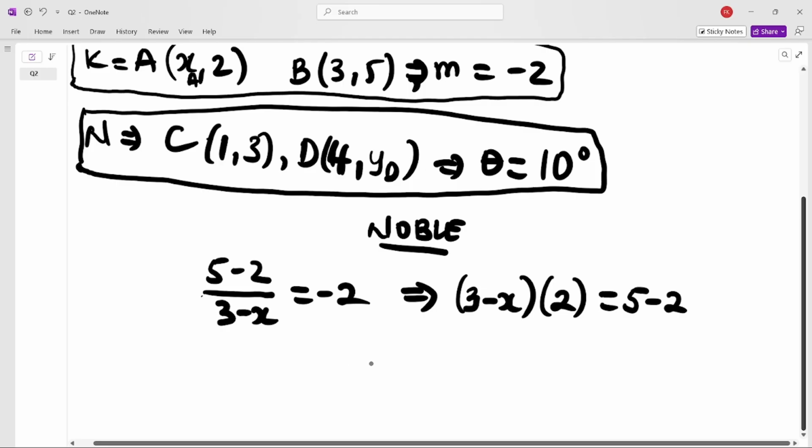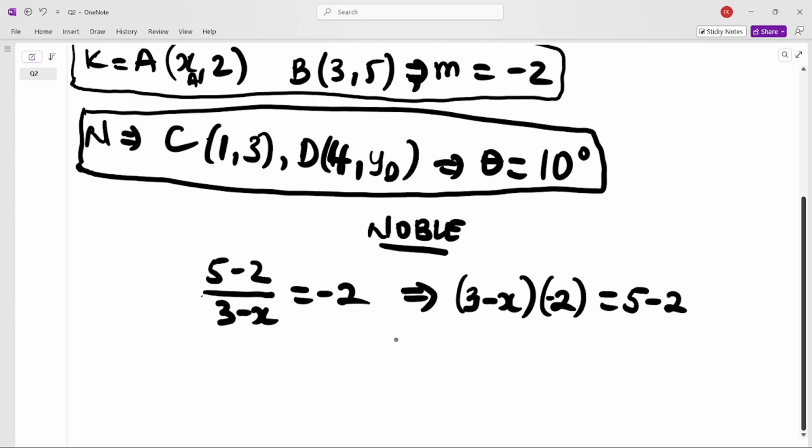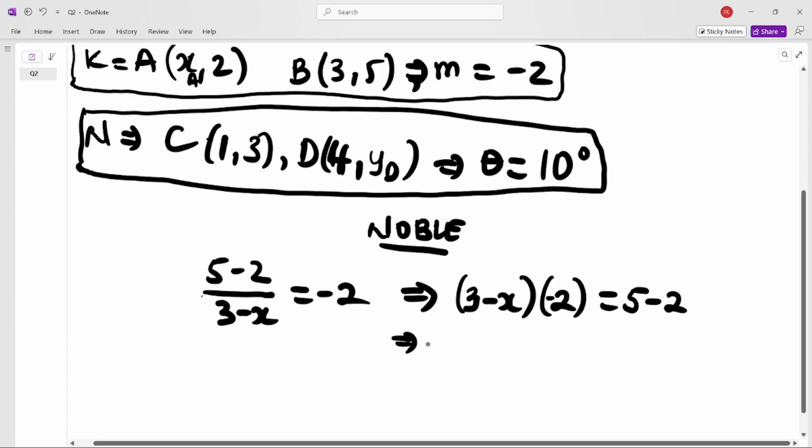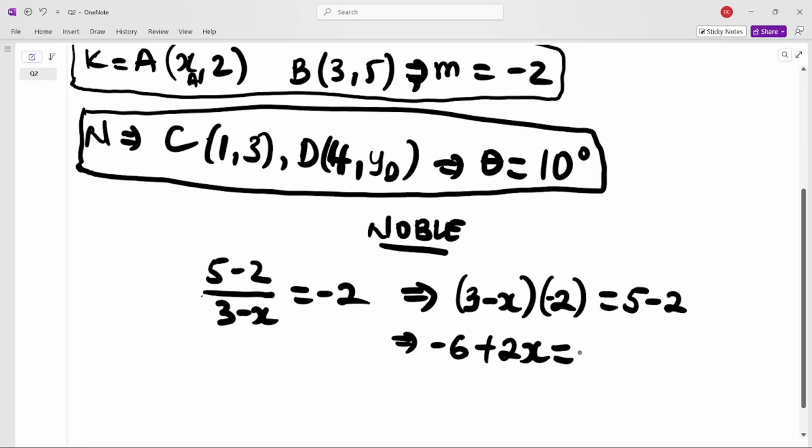So it's negative 2. Sorry, negative 2. So it's going to be negative 6 plus 2x is equal to 3.